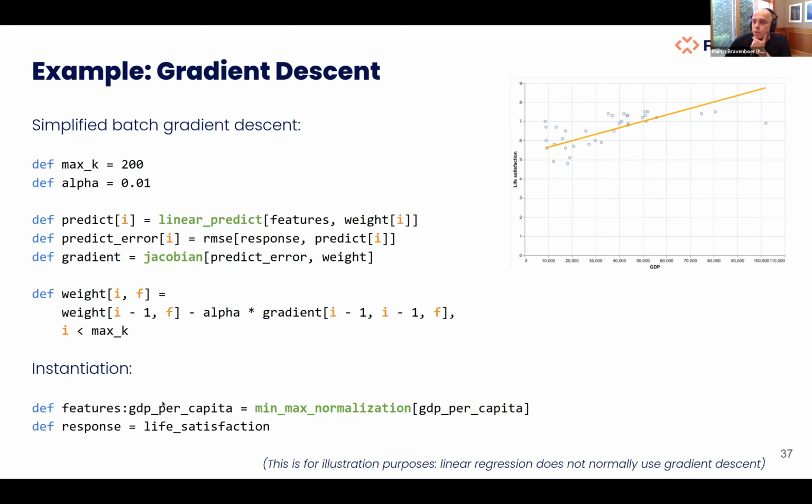You instantiate it with your feature set with these normalizations and scaling in there, and your response, and you get a model back, and you can use that to do predictions. Now, this of course will build on a whole stack of efficient machine learning algorithms and acceleration optimizations. But this is basically the ambition that we have, that we want to define complex mathematical models in Rel beyond what you would probably normally define in a query language. Okay.